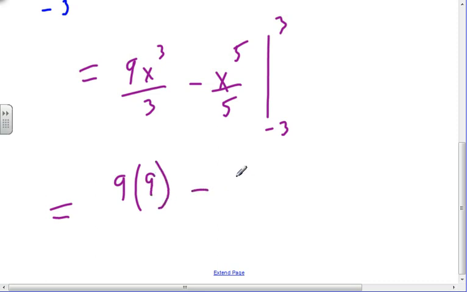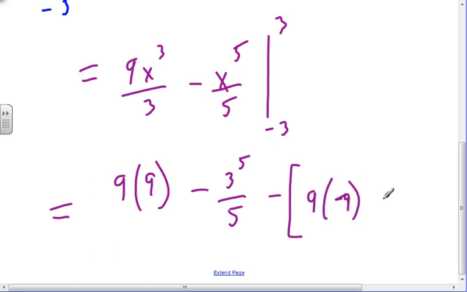Minus 3 to the 5th divided by 5, minus 9 times minus 9, minus, plus, because I'm minus there, plus 3 to the 5th over 5.